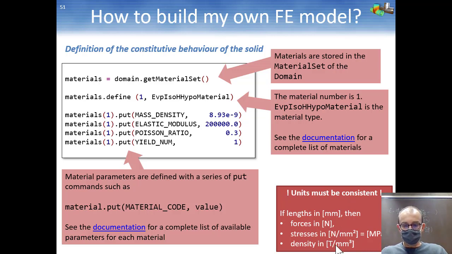Your density should be in ton per millimeter cube. So be careful, because some students just use meters here, for example. Then if the forces are in Newton, the stresses will be in Pascal, not megapascal. It will be in Newton per meter square, because the unit used for the length is the same in your geometry and in your, for example, elastic modulus, which is expressed as a stress.